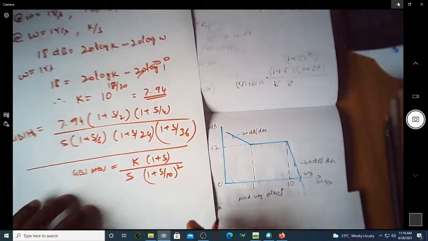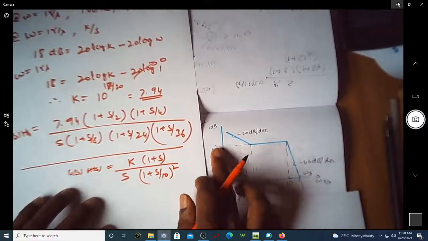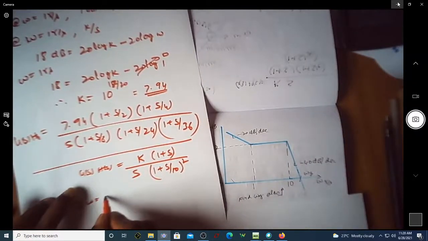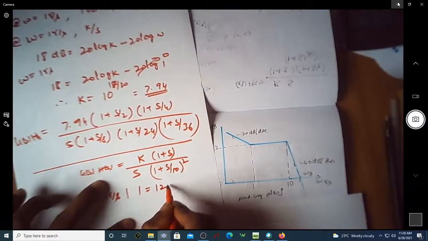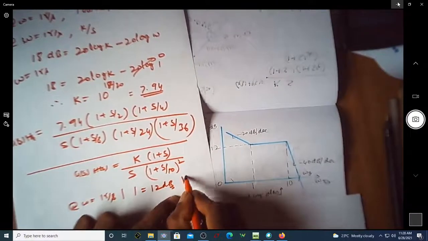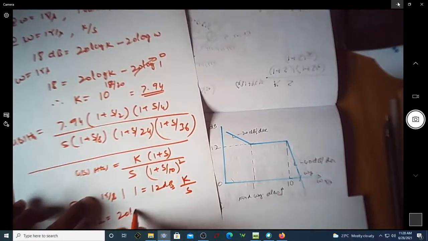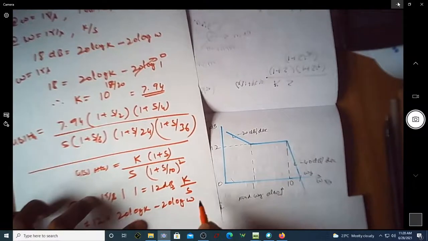And of course, since 12 is given, we can easily find out the value of k now. At omega equal to 1 radian per second, the magnitude is 12 dB. The terms that are contributing are k and s. Then I can write 12 is equal to 20 log k minus 20 log omega.